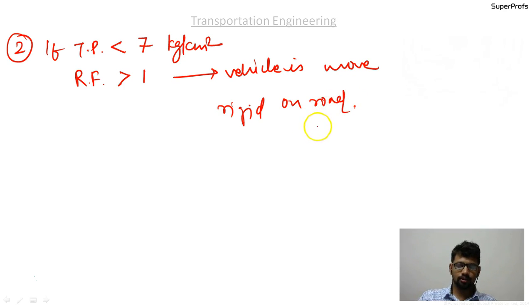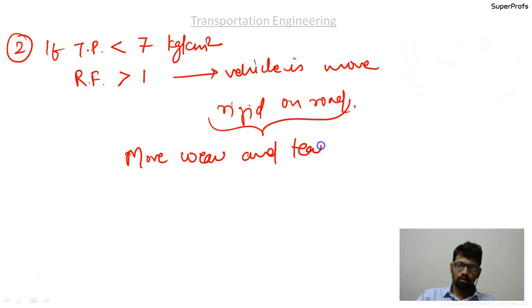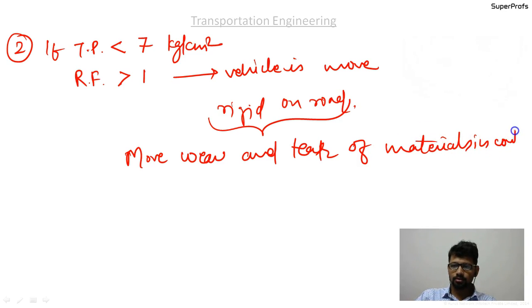It is a very important thing to note down. More rigid on road means more wear and tear of materials in contact, okay.